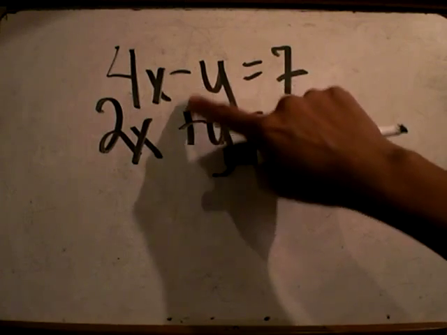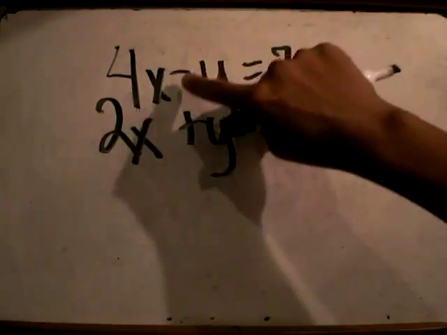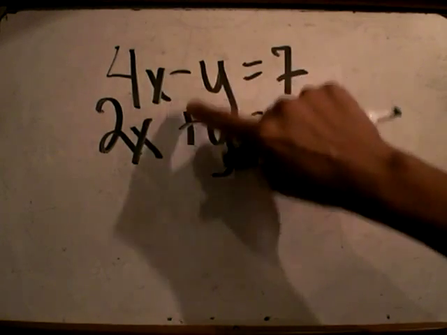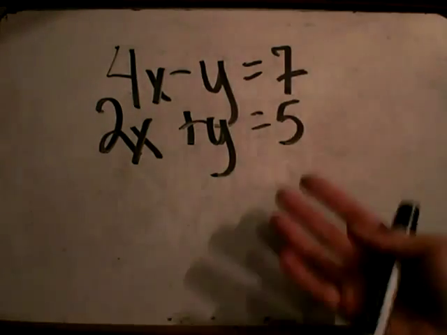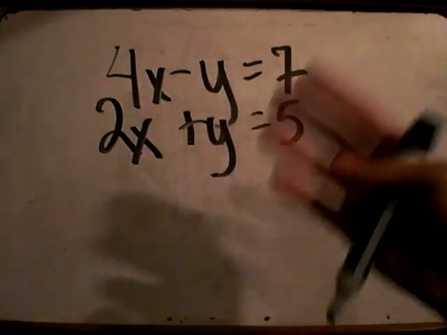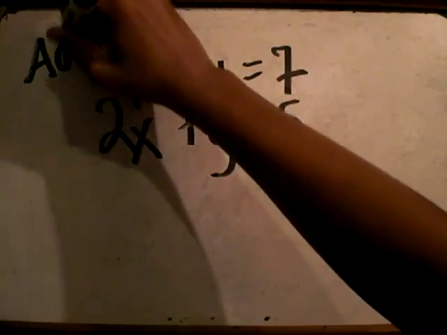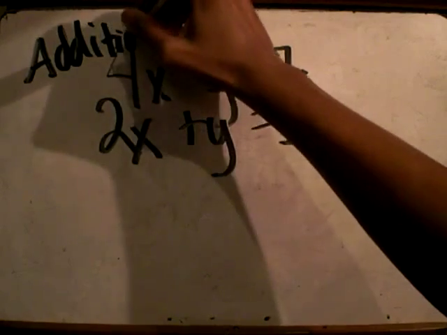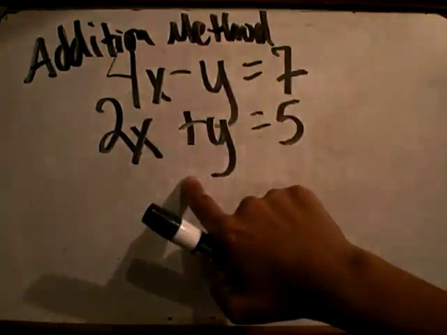But let's look at these coefficients. They're not the same because this one's a negative 1 and this is positive 1. But are they opposites of each other? The answer is yes. So when you have coefficients that are opposites of each other, that's when you want to use the addition method.